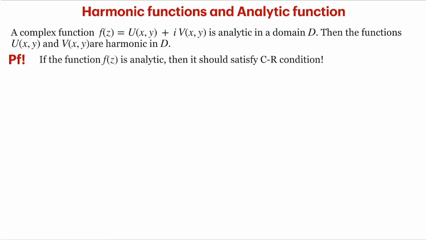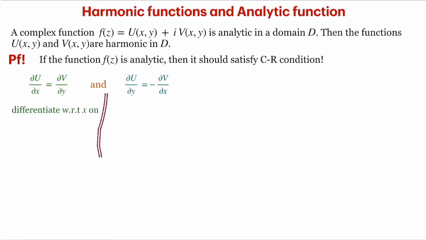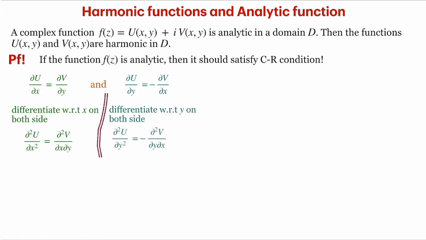If the function is analytic, then it should satisfy the Cauchy-Riemann condition, that is du by dx must be equal to dv by dy, and du by dy must be equal to minus dv by dx. Let's differentiate the first equation with respect to x. Then we get del square u by del x square equal to del square v by del x del y. On the other side, we differentiate the second equation with respect to y on both sides.